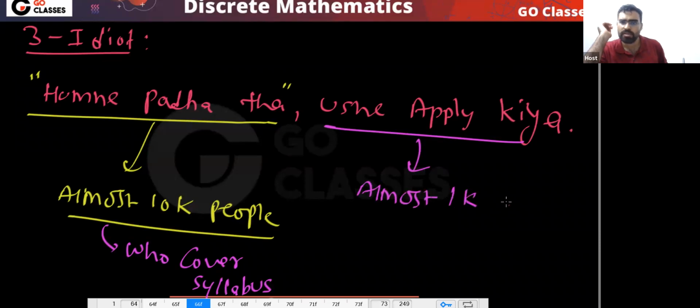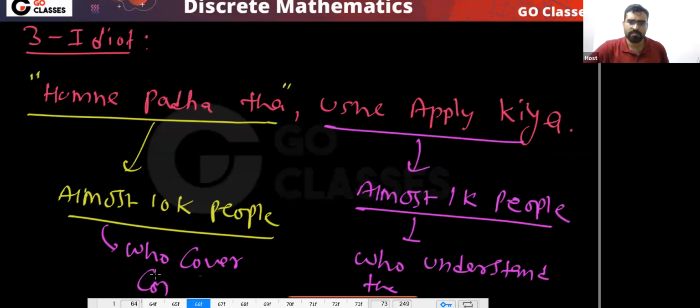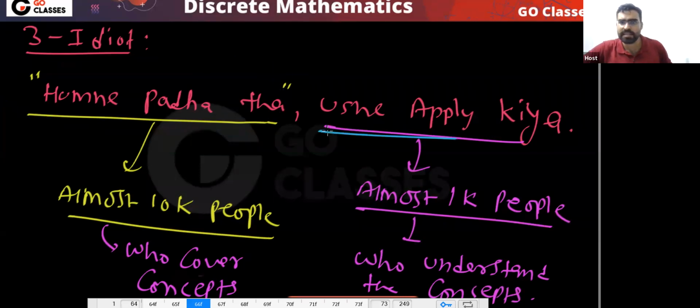And these are almost 1,000 people who understand the syllabus, who understand the concepts, I can say. These people cover the concepts, and these people understand the concepts. So this is the difference between toppers and all. Okay, so please be in this category.